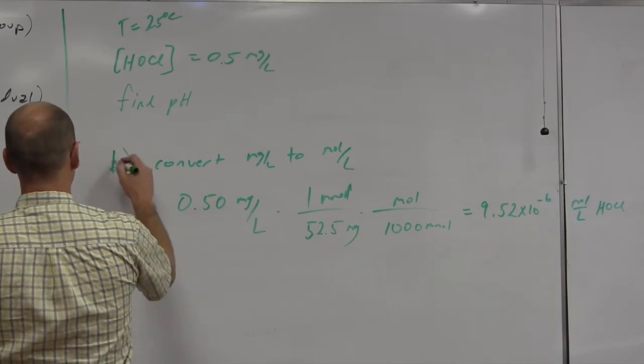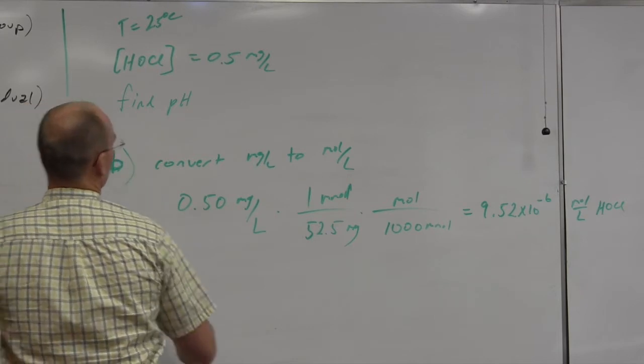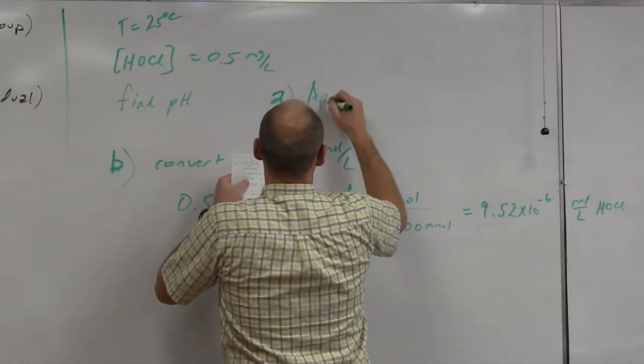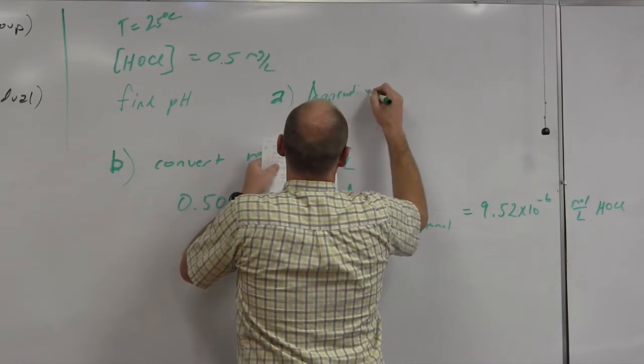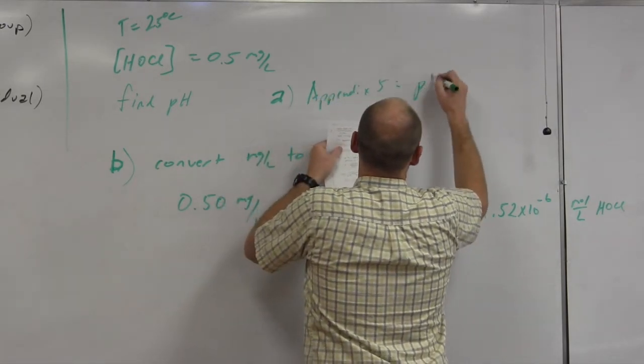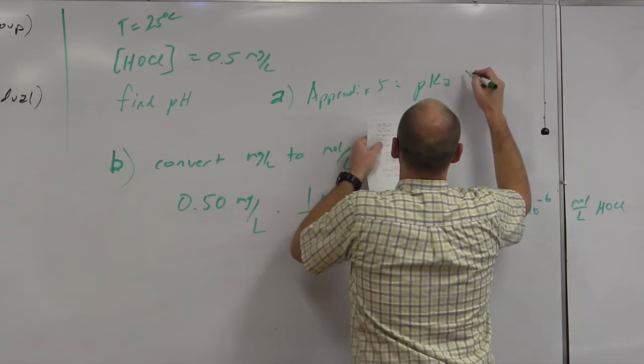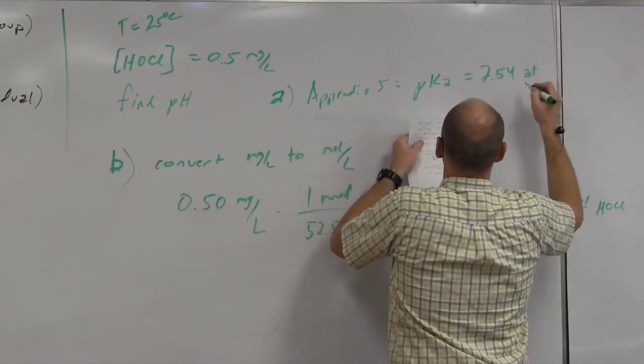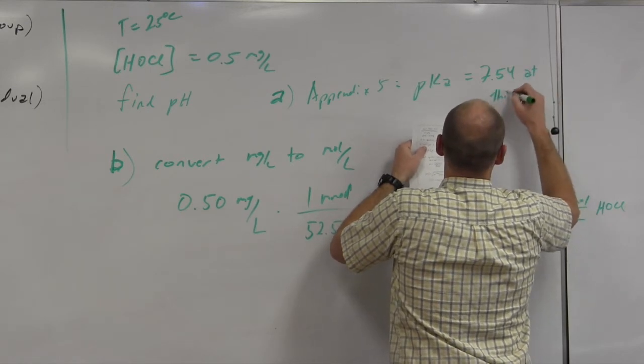I'm sorry, this was actually B. Part A should have been, we're going to use Appendix 5 to get that the pKa is 7.54 at this temperature, okay?